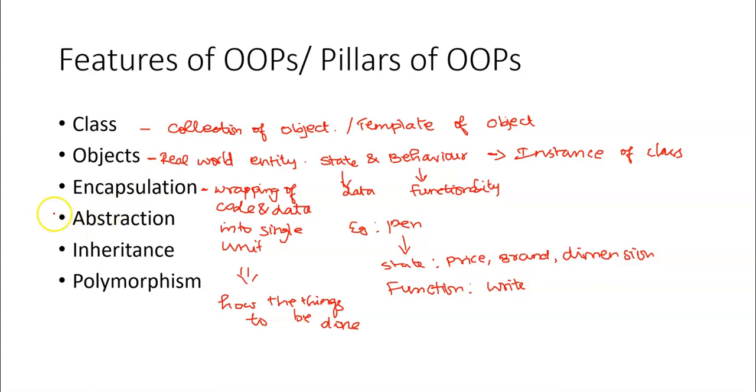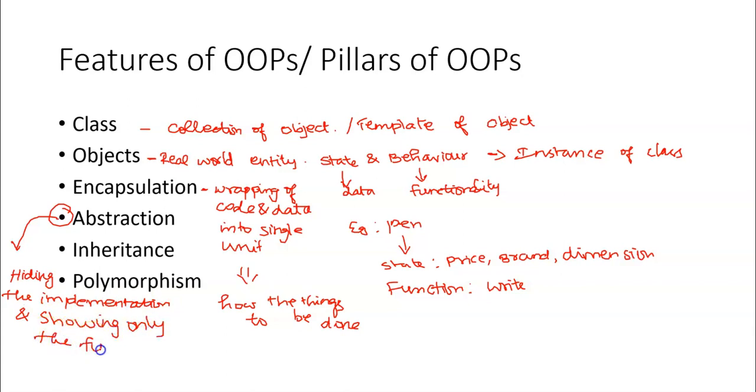Then what is abstraction? Abstraction means hiding the implementation and showing only the functionality to the user. Let us take the example of a TV remote.